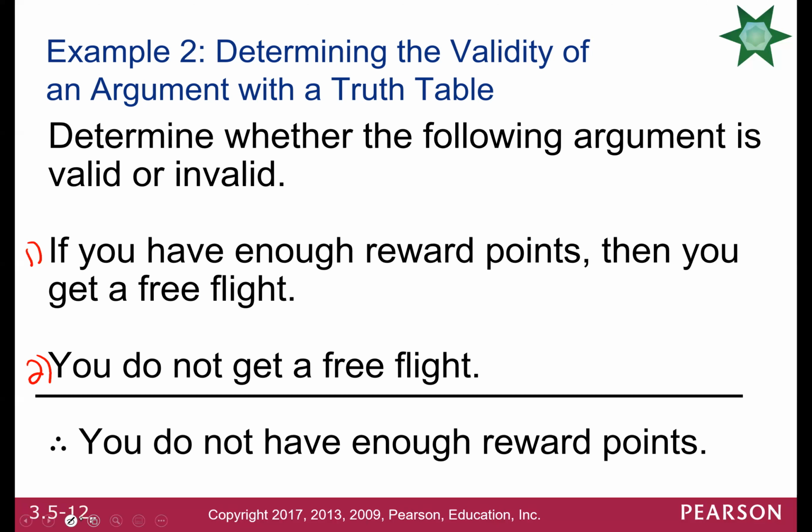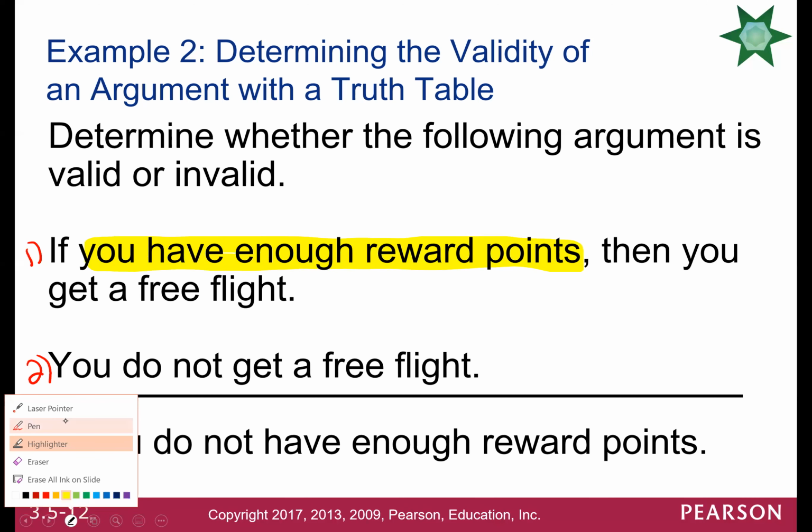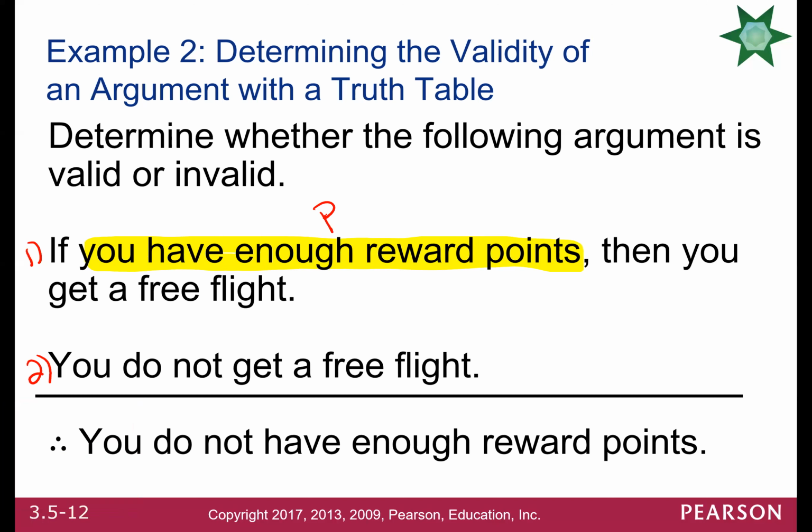I'm going to let "you have enough reward points" be my logical statement P. And I'm going to let "you get a free flight" be my logical statement Q. Okay, so the first premise is a conditional: if you have enough reward points, you get a free flight.